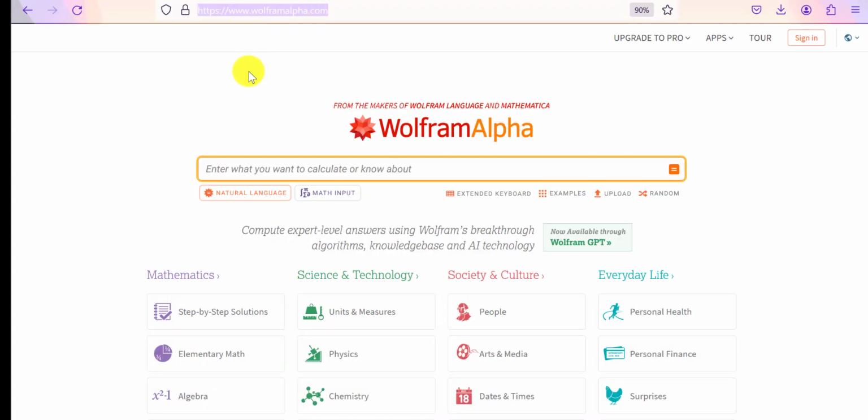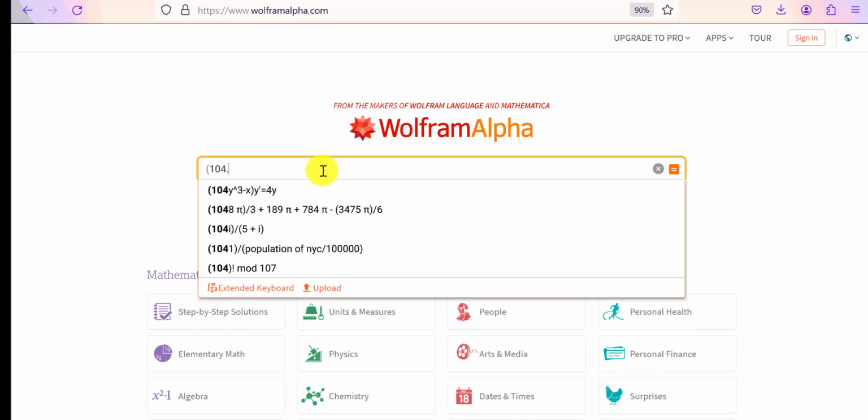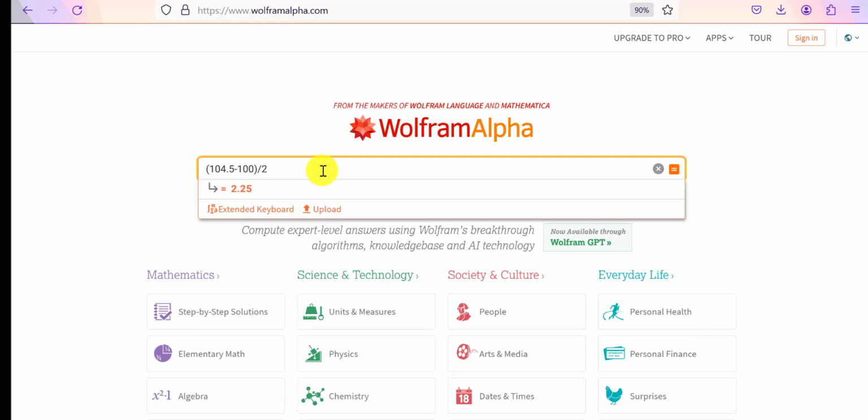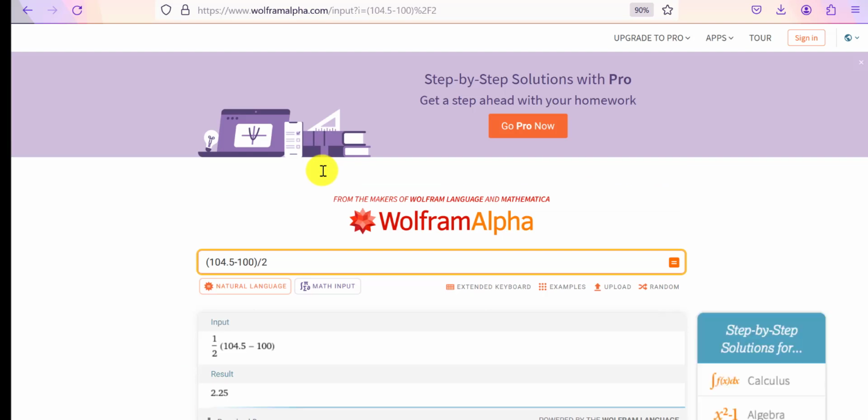Okay, so I'm over here at wolframalpha.com. There are many other computational tools you could use, but this is a really nice one. So up in my numerator, I'm going to put parentheses around that. I've got 104.5 minus 100 divided by 2. And I hit enter.